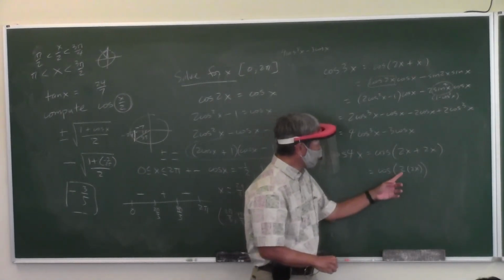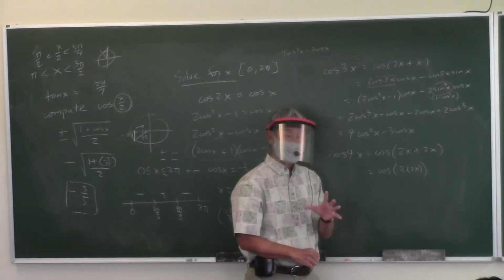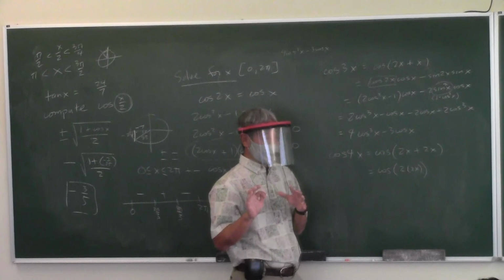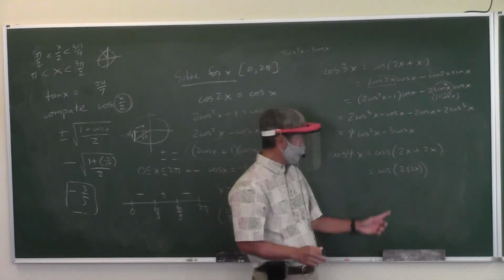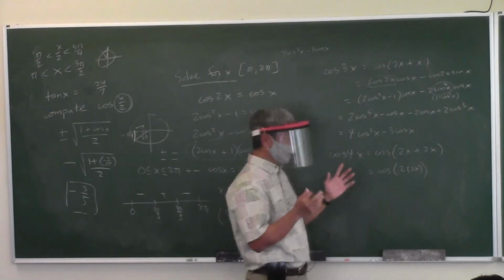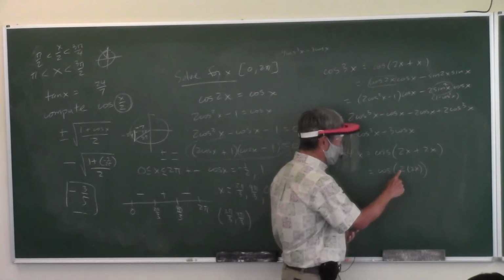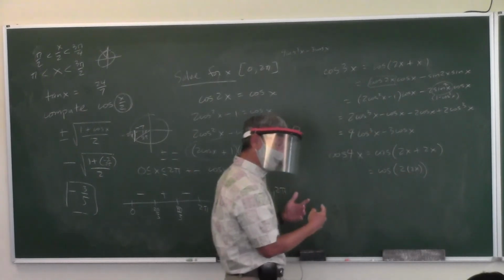See, cosine 2 theta. So which one do you think you're going to do? I'm not going to tell you what to do, but I'm going to tell you right now, this one is better. It's way faster. But you got to learn to do, this is like u substitution. Cosine of 2u. Think about it that way.